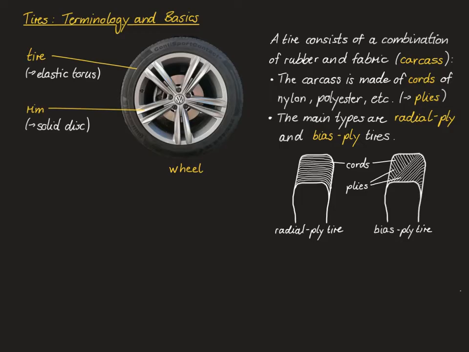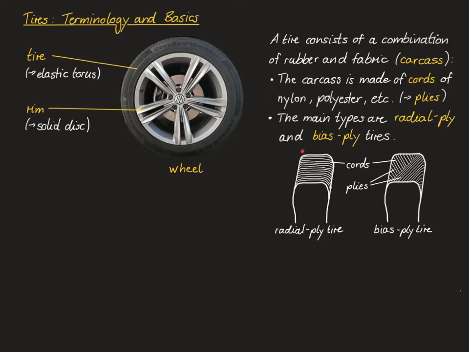Of course, both types of tires have their advantages and disadvantages. The older type is the bias ply tire, which has been developed in 1896 as a successor to a full rubber tire. Advantages of bias ply tires are that they are more stable and more robust against sidewall damages.